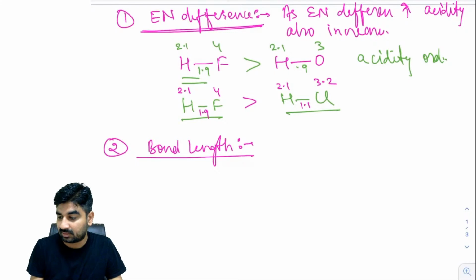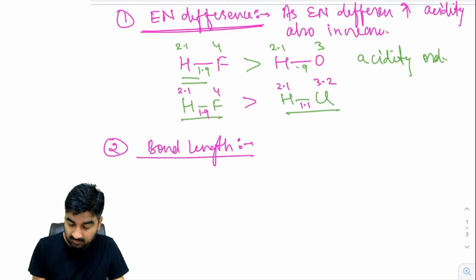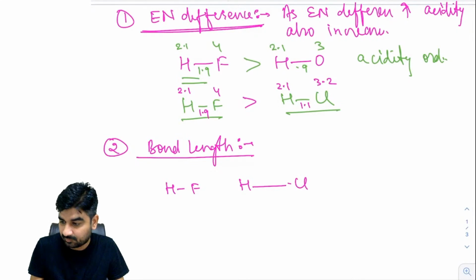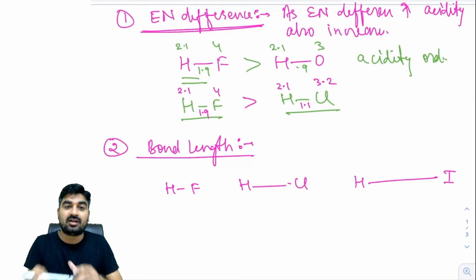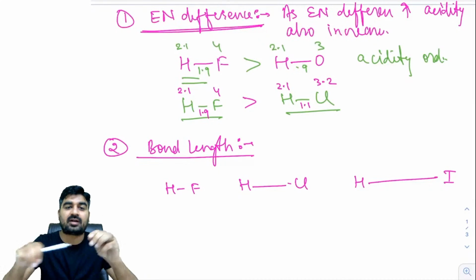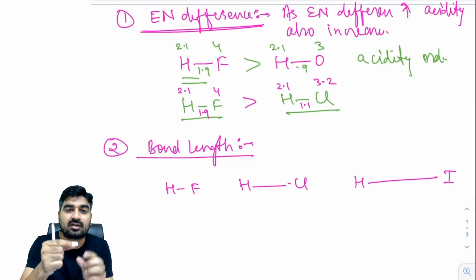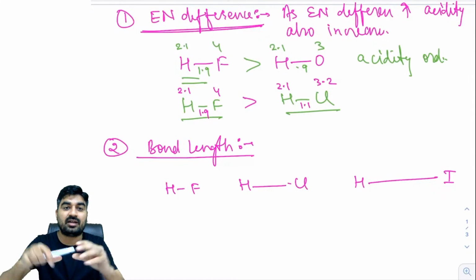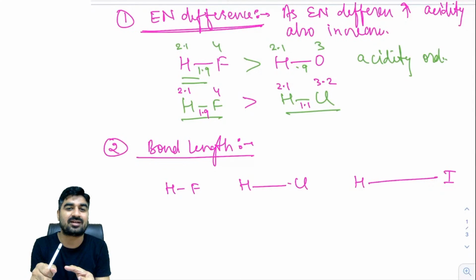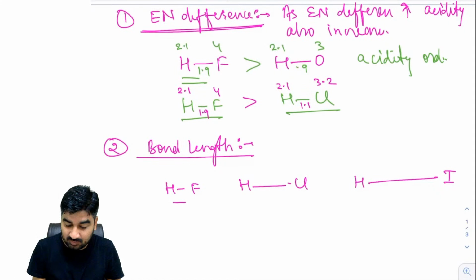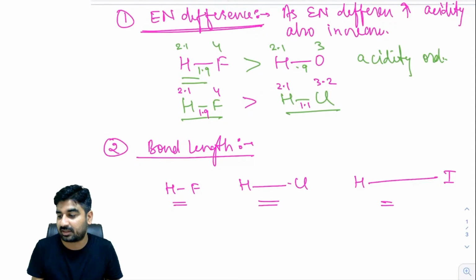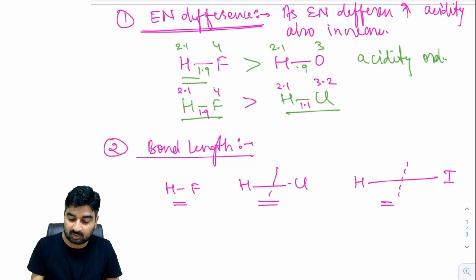So bond length: if I say HF, HCl, HI, which is easier to break? Where the length is more, it is easy to break. As bond length increases, bond strength decreases, and this bond can be easily broken as compared to this.